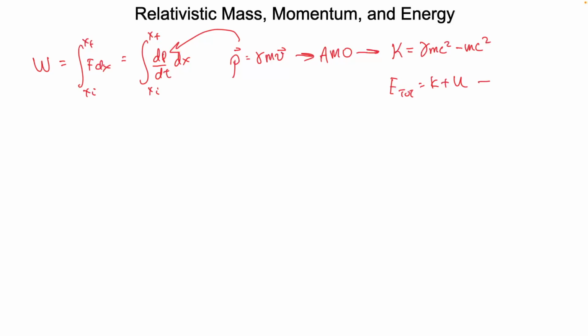So if we rearrange to solve for kinetic energy, we get total energy minus potential energy. What's total energy according to Einstein? Can you see it? Kinetic energy is a difference between total energy and potential energy.